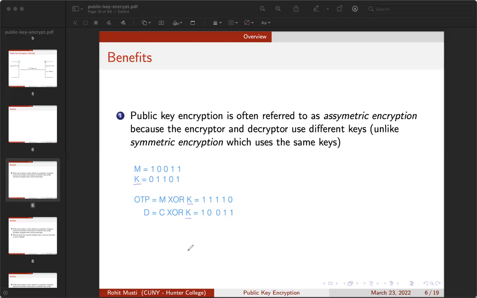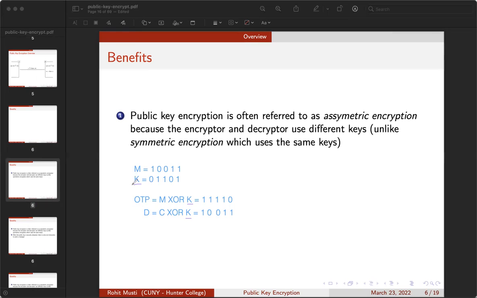And what that means is that every time you want to share a message with a person, you have to get together with that person and come up with a secret key together, either by sending it in the clear, or by using Diffie-Hellman key exchange, or something like RSA to do your key exchange, or instead, you could just pass notes to each other in class.